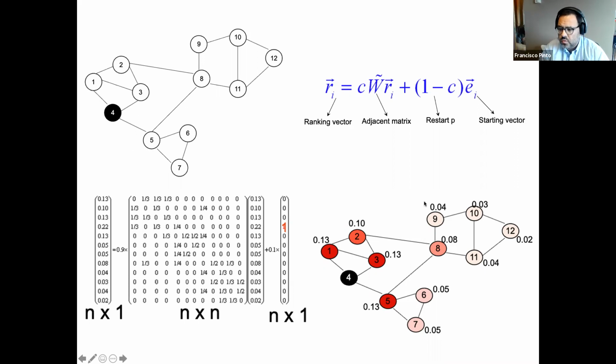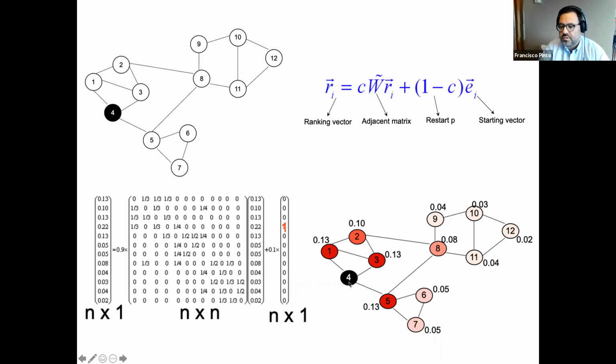So here you have a representation of the results of a random walk with restart. The nodes in red have a higher probability of being visited, and, as you would expect, they're direct neighbors. And then as you get away from the source, you get lower probabilities of being visited.